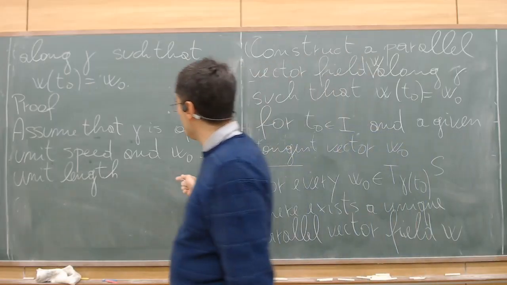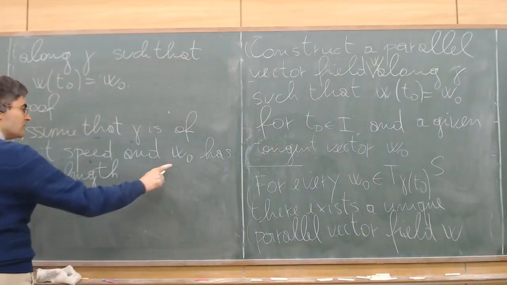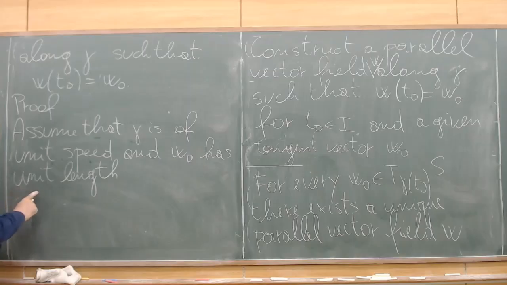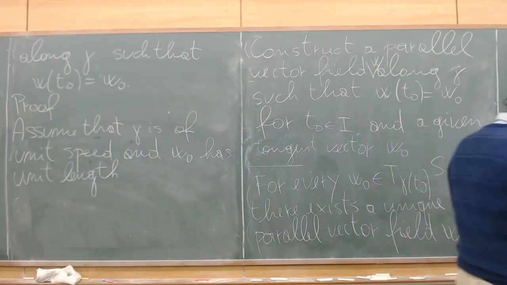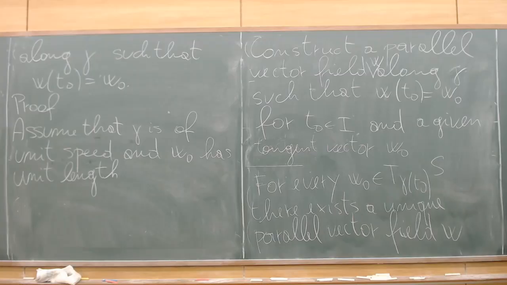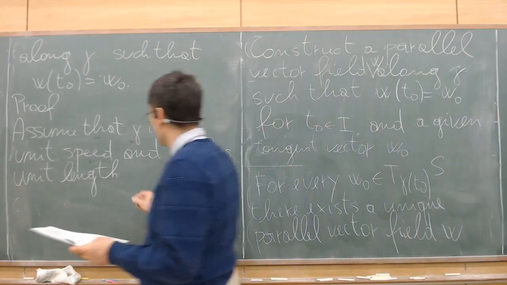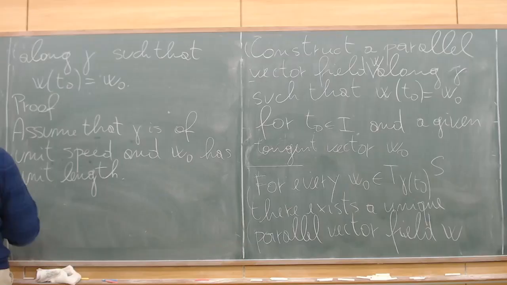And if we want to work with a W0 which has no unit length, just multiply it by a constant. For simplicity, we will assume S oriented.